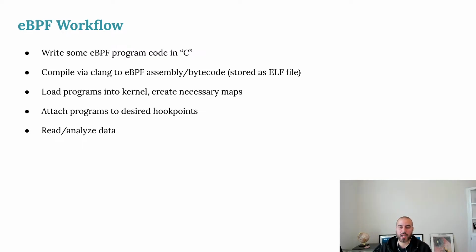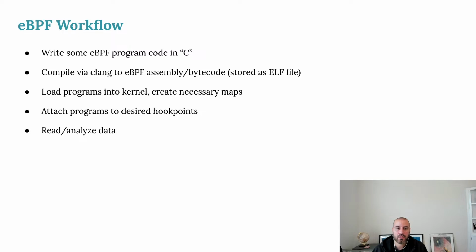I call it C-like because the syntax is C, but you don't use things like libc, you don't have the standard library and so on. You can only use specific eBPF helper functions and built-ins. So you're not writing system C, but you're using the C language to write your eBPF program.